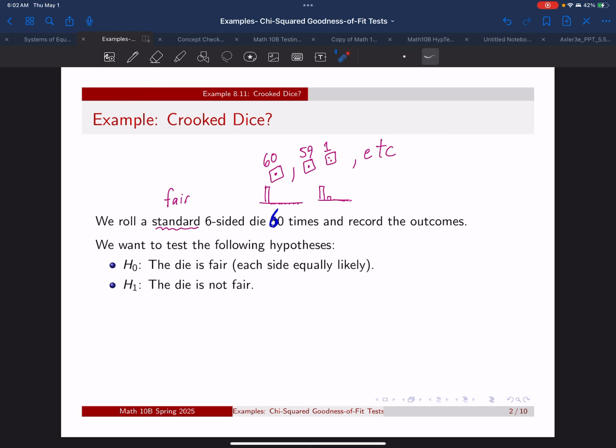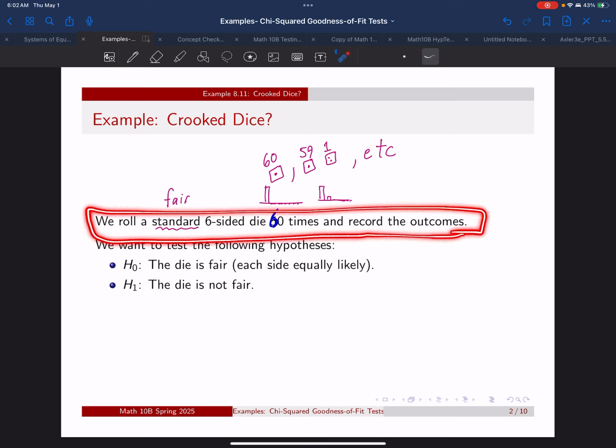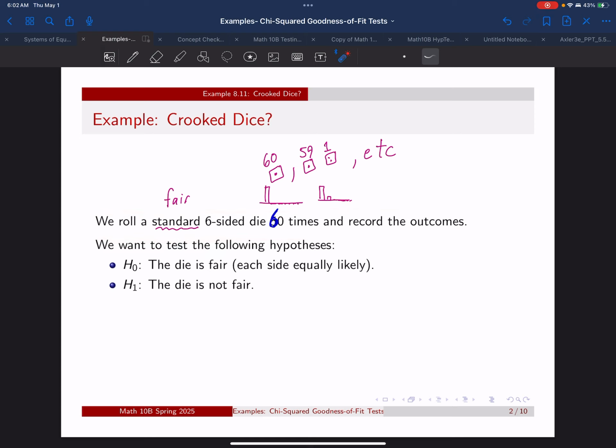What we want to do is test whether the outcome that we get from this experiment is statistically significant, how different it is from the expected outcome. Another way to say expected would be the theoretical outcome.